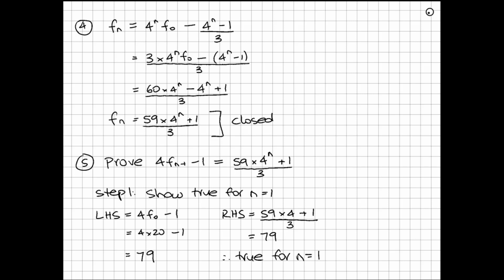Now at this point, I'll turn over and we'll do step 2 of the induction, which is simply to assume that the relationship is true for n equals k, where k is some integer. So really what we're saying is that 4 times f of k minus 1, minus 1, is equal to 59 times 4 to the k plus 1 on 3.